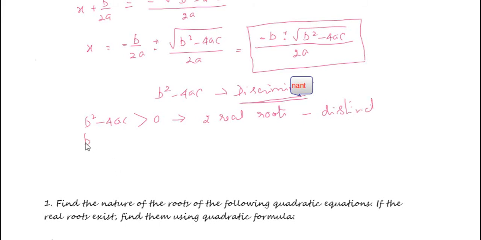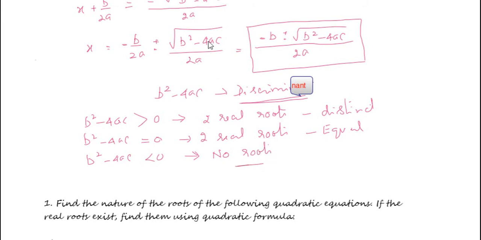If b square minus 4ac equals 0, you have two real roots, but they are equal. If b square minus 4ac is less than 0, then you have imaginary roots, or you say no roots.